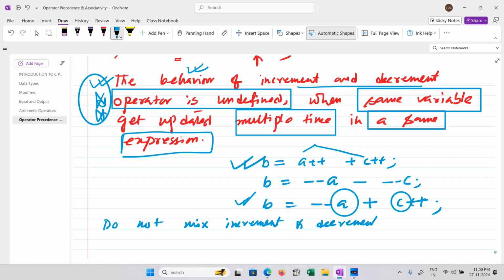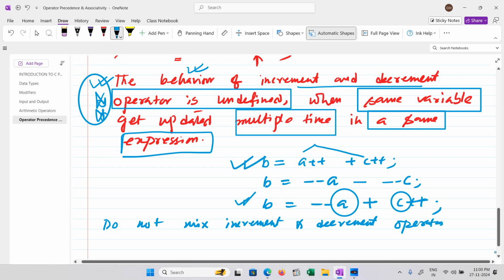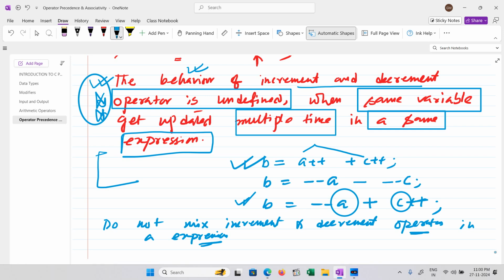Do not mix in an expression. In my 15 years of coding experience, I never came across such a project or such a coding scenario where I needed to mix them. Suppose you need this, let me just scroll down.